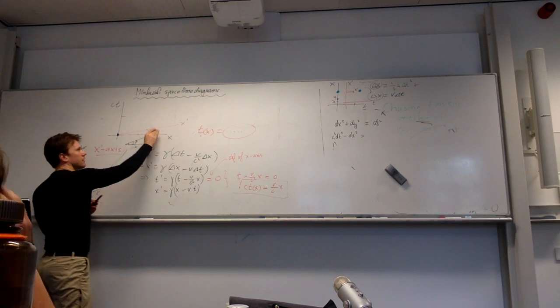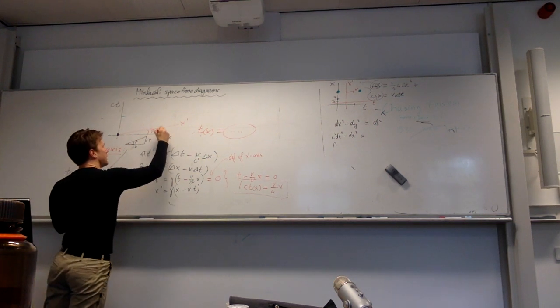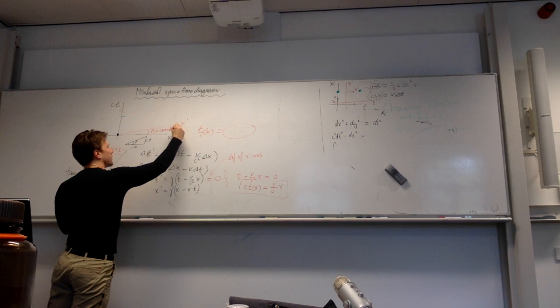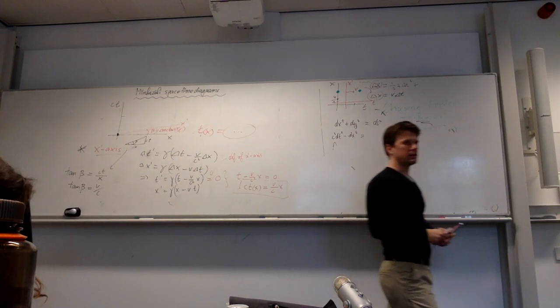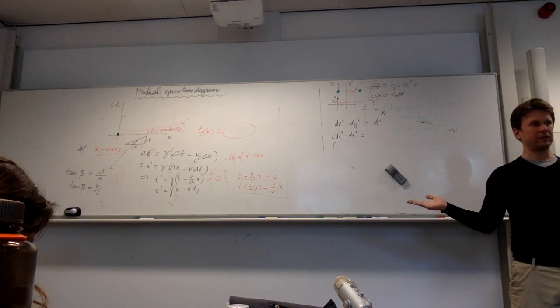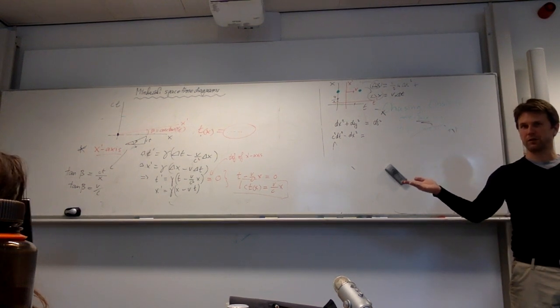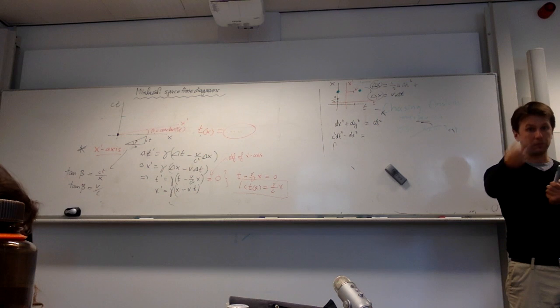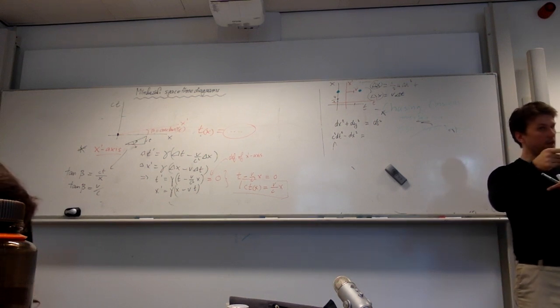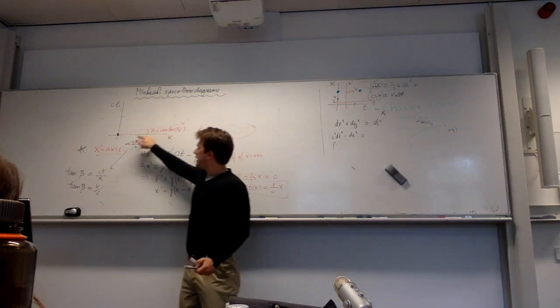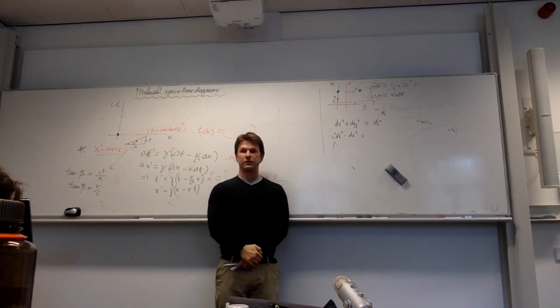In other words, this beta is the inverse tangent of v over c. So we know exactly where the x prime axis is. If I tell you how fast the red coordinate system is moving with respect to me, I give you v, the number. You take the inverse tangent of that number, you get beta, and you can draw the line where the x prime axis is.